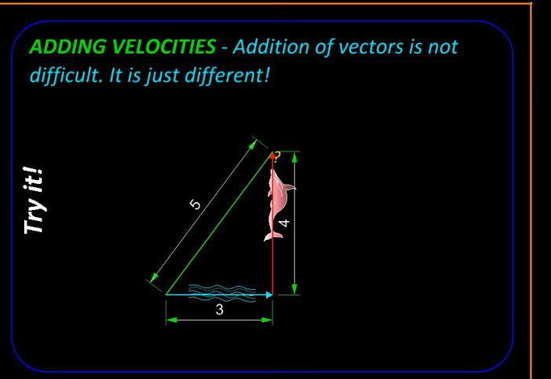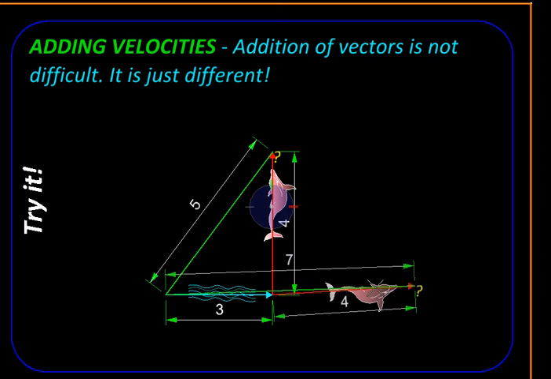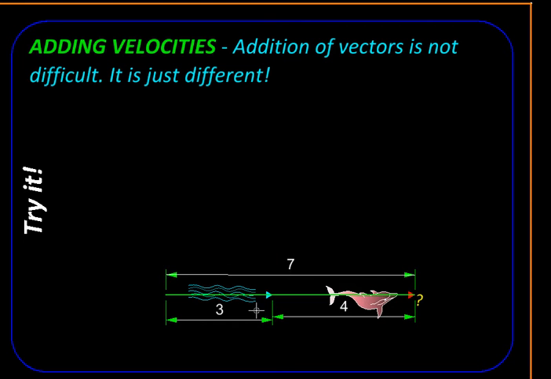Now let us see this vector addition in its most generalized form. So far we saw only 3 special cases, like the dolphin swimming across the current, where we got the effective velocity of 5. We saw when it is moving along the current, the effective velocity is going to be 7.